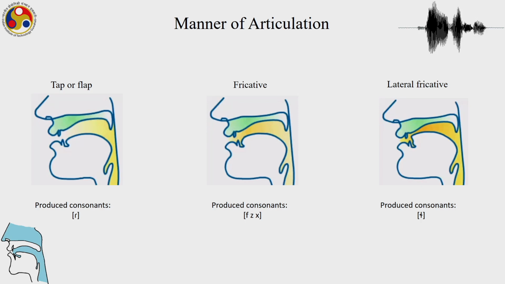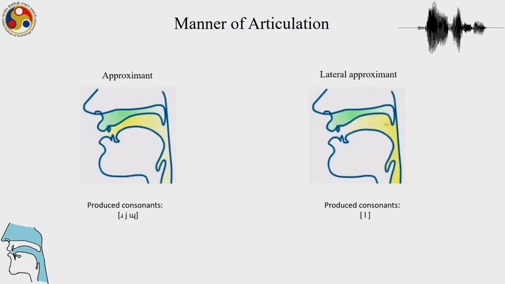And then we have the tap or flap, and then we have fricatives, where the occlusion is not like that of the stop; it is not complete closure, but partial and slow release. We also saw that there can be a difference between centrality and laterality in languages. So we can have lateral fricatives, where the air is released from both sides of the articulator.